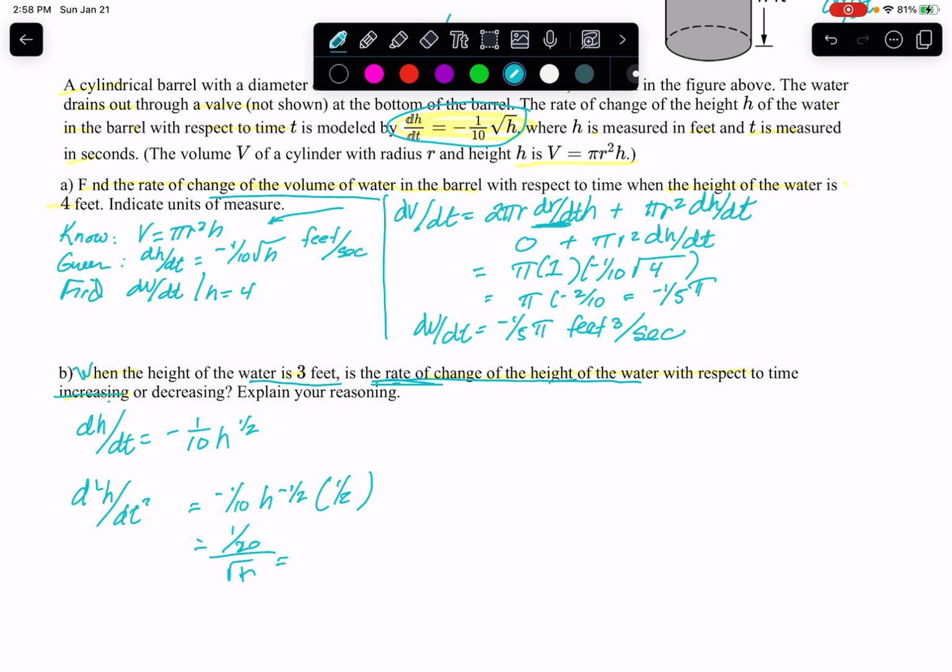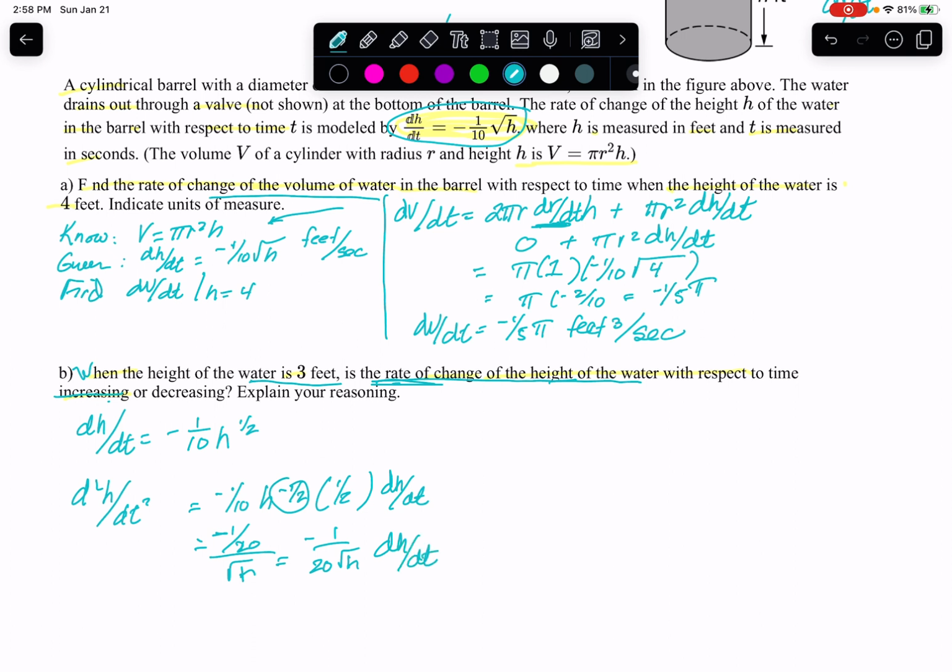Is that positive or negative? This is not negative, so this is still negative. That just means it's on the bottom. So I have negative 1 over 20 square root of h. And then don't forget we should have done this dH dt.